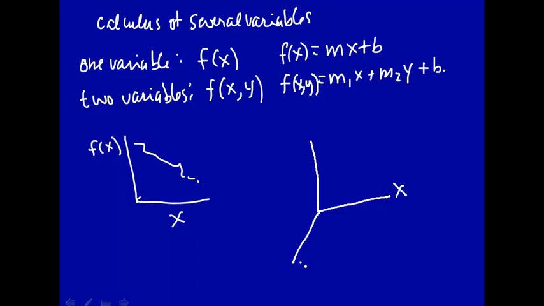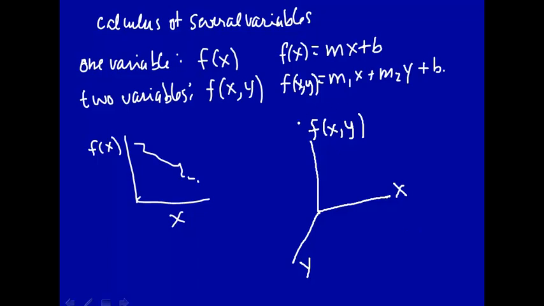We have x and y, those are our two independent variables, and our dependent variable will be the third axis, where the function is calculated for some x and y. For three variables, you need a four-dimensional graph to show that, and so on.